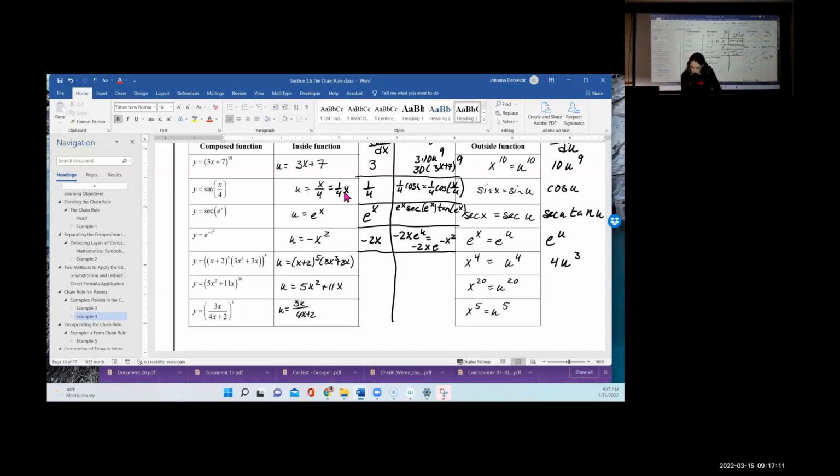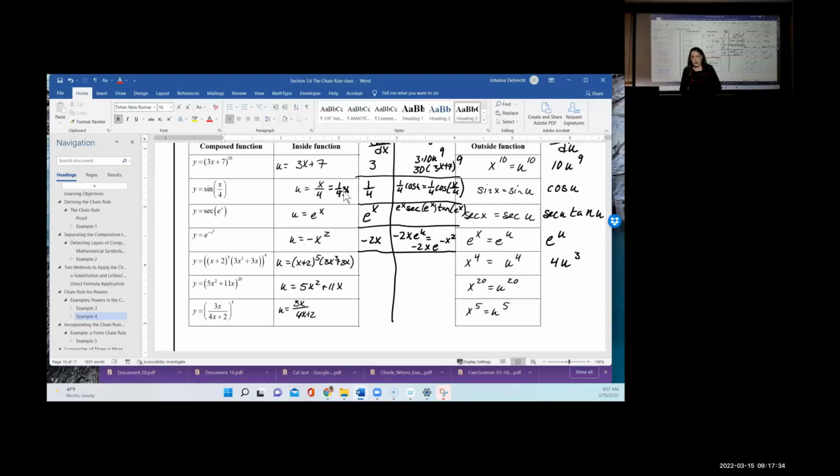So the derivative of the outside function with respect to u is 4u cubed. And the derivative of the inside function, oh my, we may have to leave this one to later, because how would I take the derivative of the inside function? There's no way I have enough space here to do that. What would I need in order to take the derivative of the inside function? The power product rule.